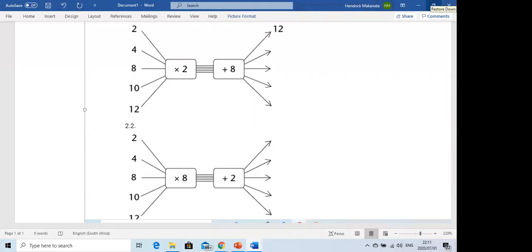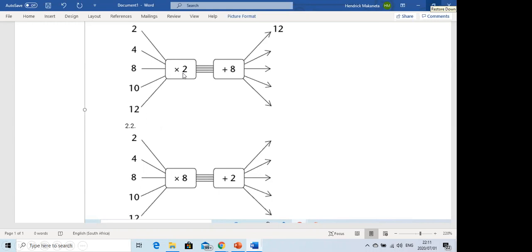And if you make use of the rule together with the input values, you will definitely get the output values. So the first one you can see there, it's given as 2 times 2 is 4, and then 4 plus 8 is 12. So this is how we got the 12.